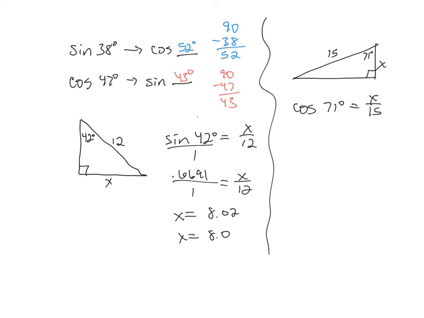So punch in 71 degrees cosine, 0.3255. So multiplying diagonals, x times 1 is x. 0.3255 times 15 is 4.88, so 4.9.